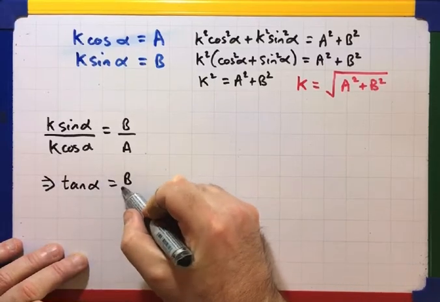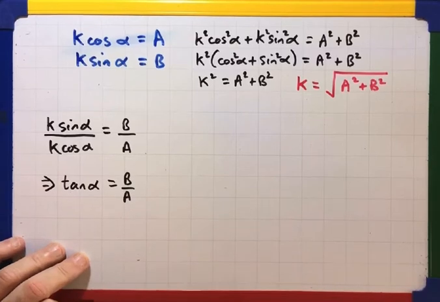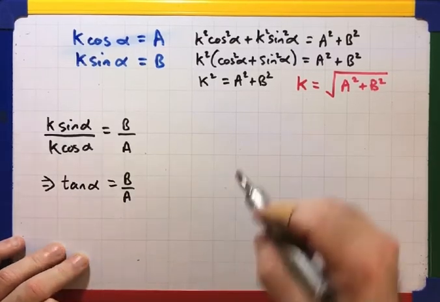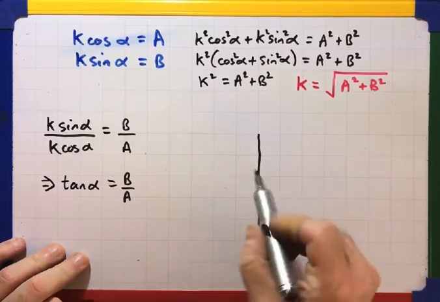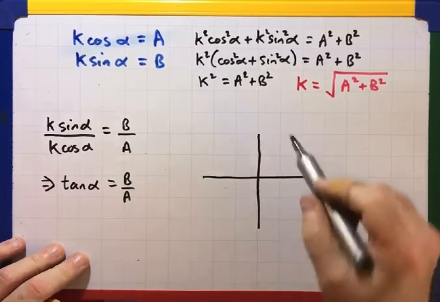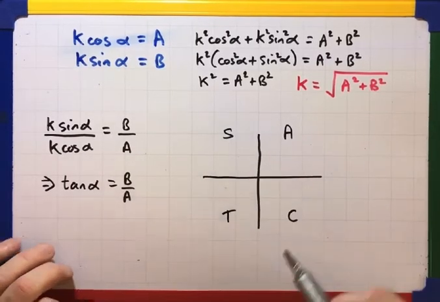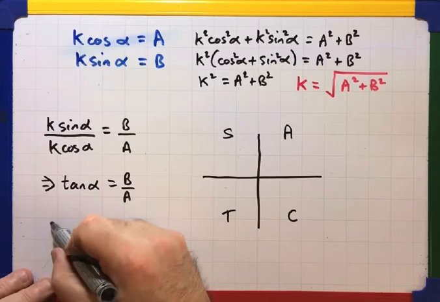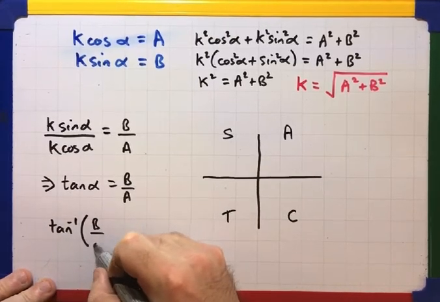But I need to be a little bit careful here because remember, we're not always dealing with a first quadrant angle. Do you remember all sine, tan, cos? First of all, I can always work out what the inverse tan of b over a is.